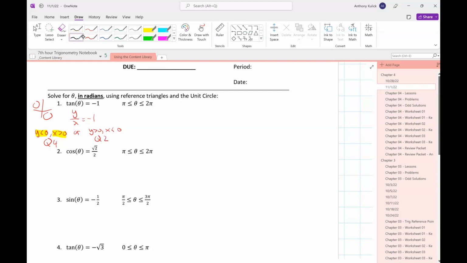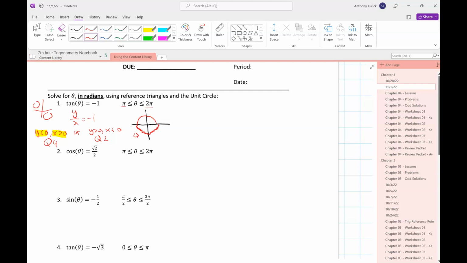Next, I'm going to look at the interval that my answer needs to lie between, pi and 2 pi, and figure out what 2 quadrants are covered by those angles. Both these angles, pi and 2 pi, are positive, so I know I'm starting at the positive x-axis and going counterclockwise: a half pi, 1 pi, 1.5, to 2.